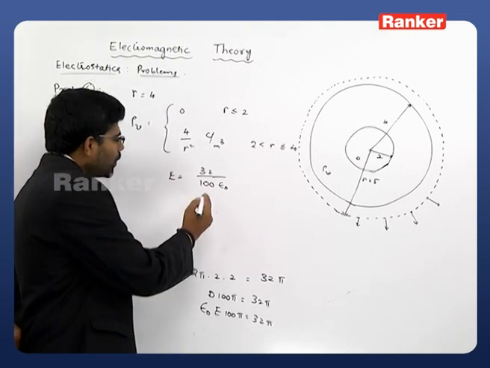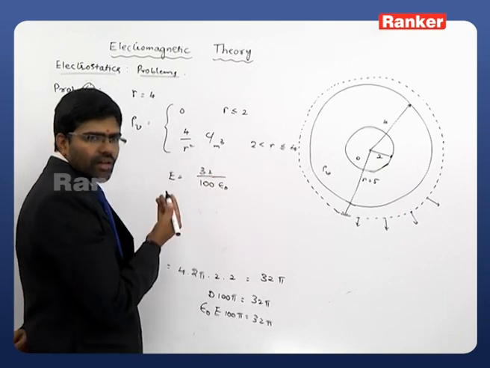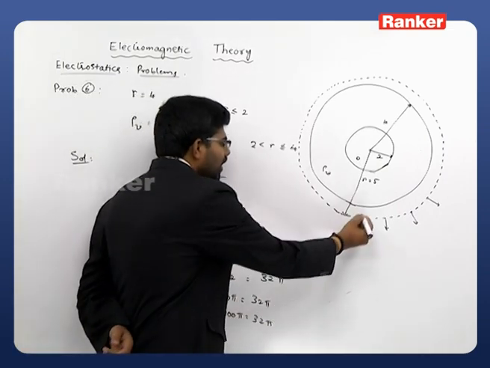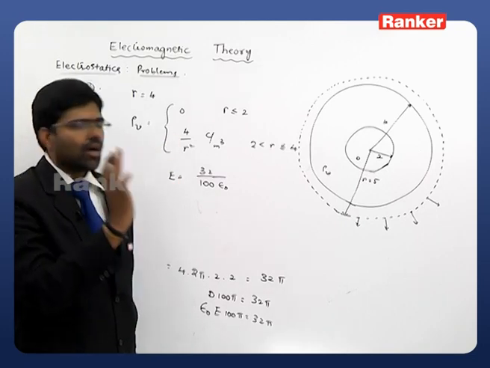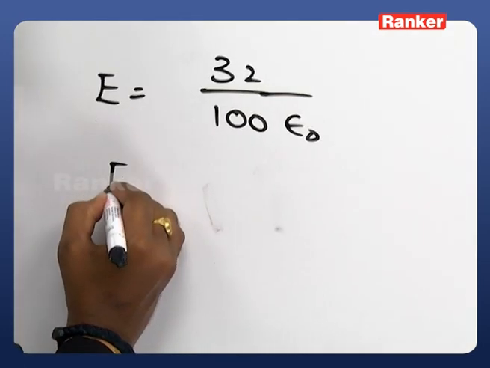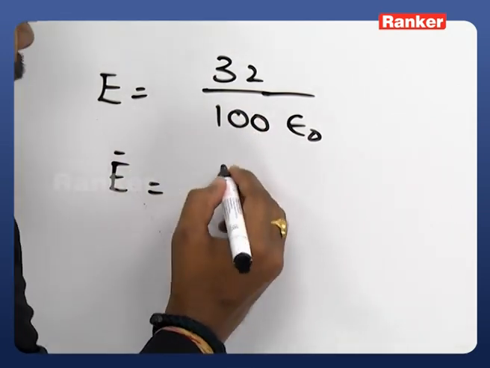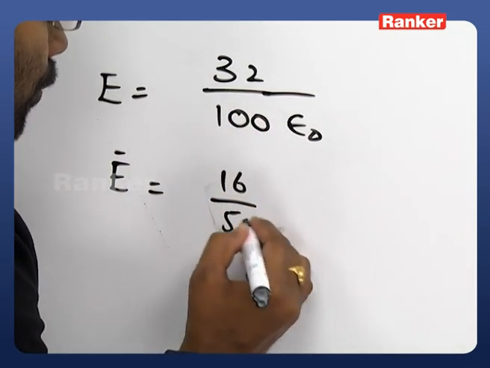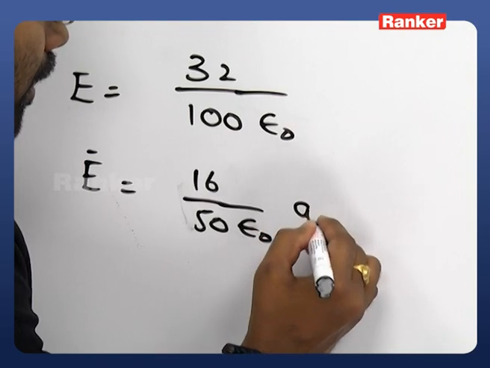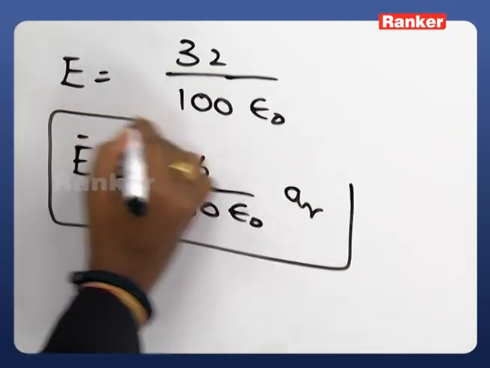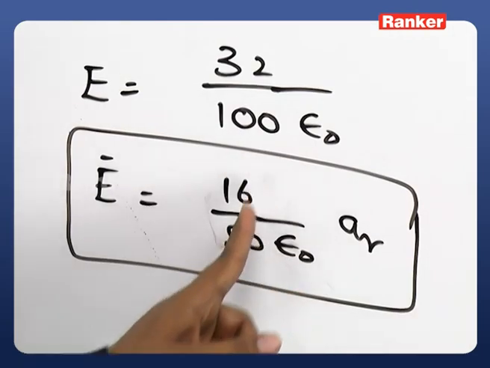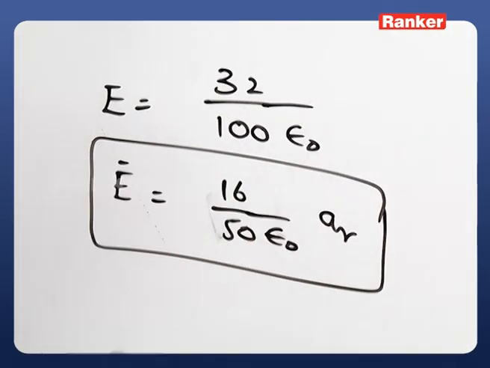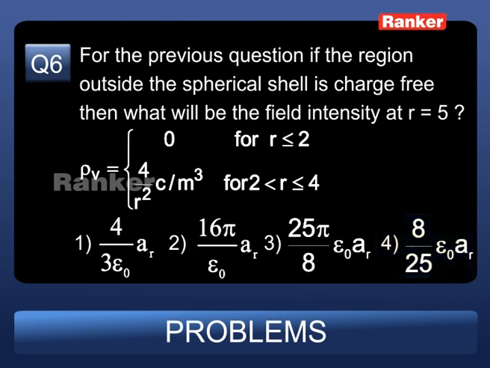Since it is a vector, we add the unit vector in that direction. We already observed that D is radially outwards, so E is also radially outwards. So E bar is equal to 16 by 50 epsilon naught in the direction of the radius of the sphere, that is E bar equals 8 by 25 epsilon naught aR. This is our answer.